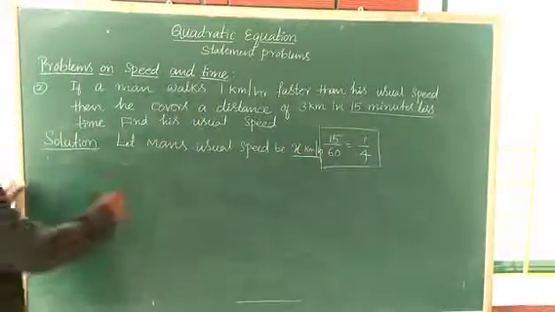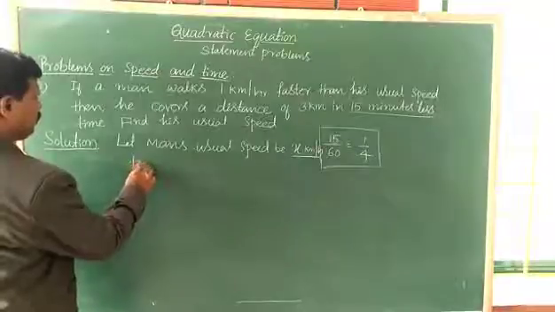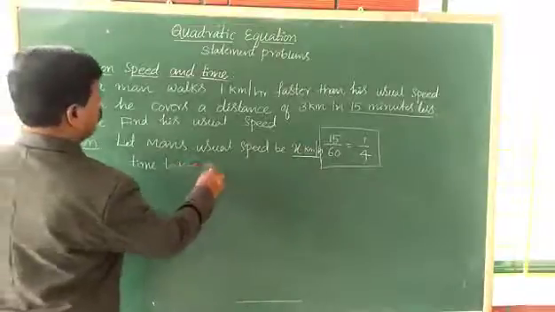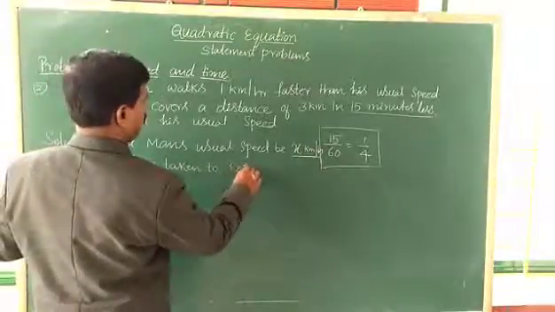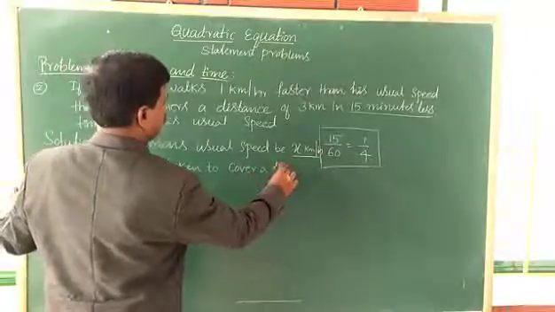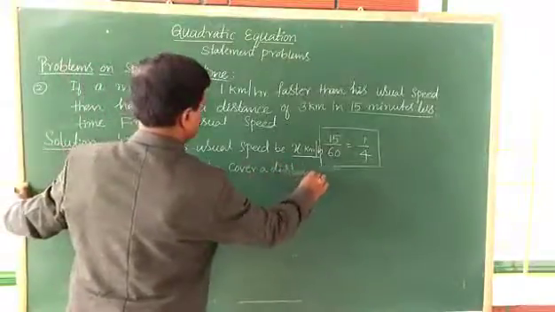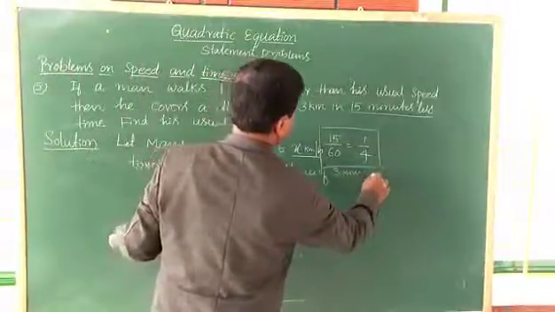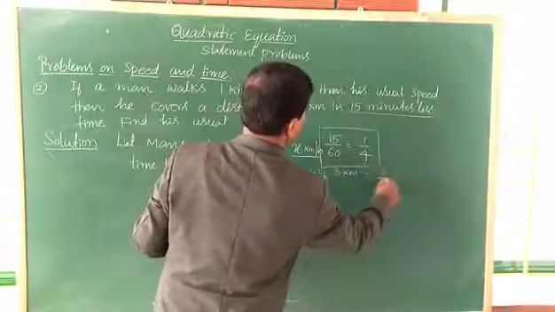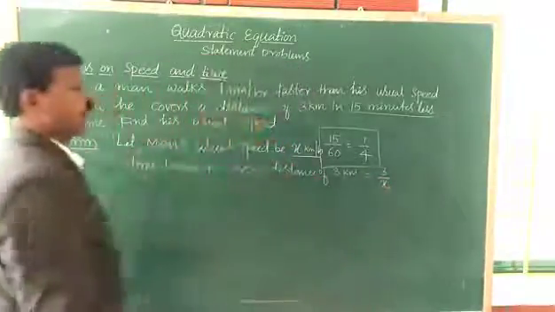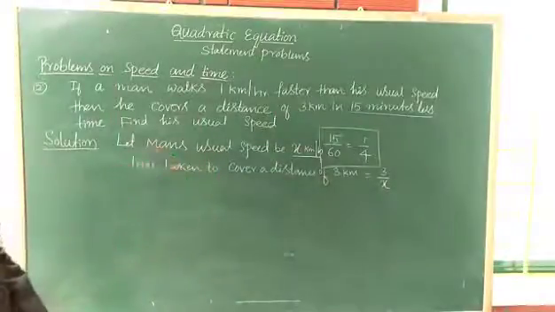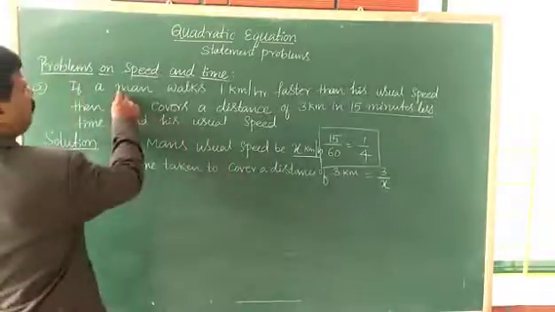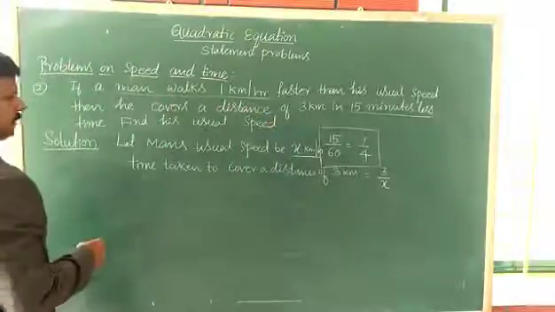Then the time taken to cover a distance of 3 kilometer is equal to 3 by x, that is d by s. T is equal to d by s. Now the man walks 1 kilometer per hour faster.